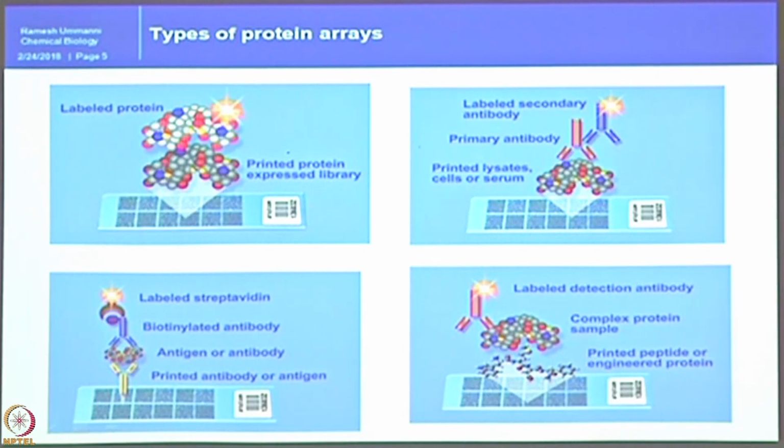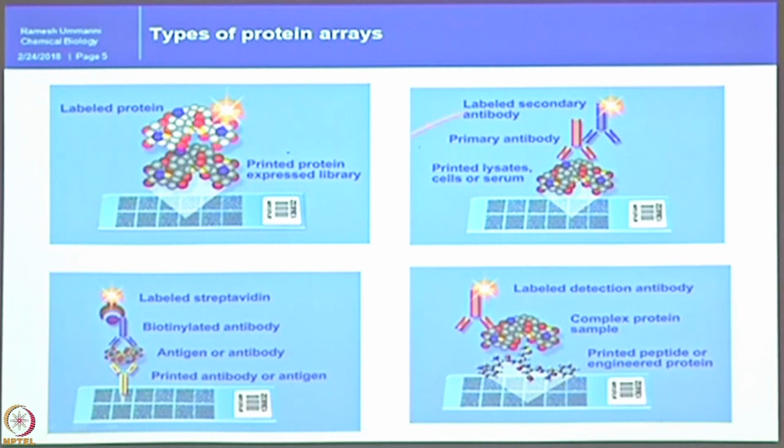When you wash, other proteins get washed away and those bound remain on the glass slide, and we can visualize them. So a labeled protein X bound to protein Y on the slide means they are interacting with each other. Then you can proceed to see whether this interaction has any physiological relevance in a disease or non-disease state.